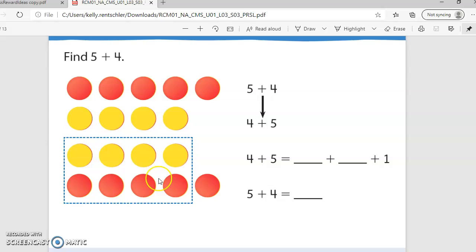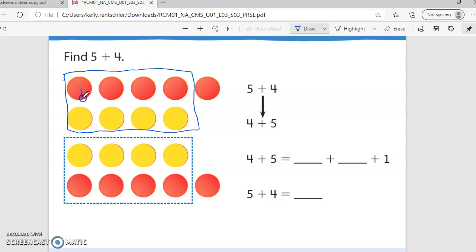So it can be in any order. It doesn't matter what number is first. If we were looking at 5 plus 4, we would still draw the box to say these are doubles because each red has a yellow that it matches with.